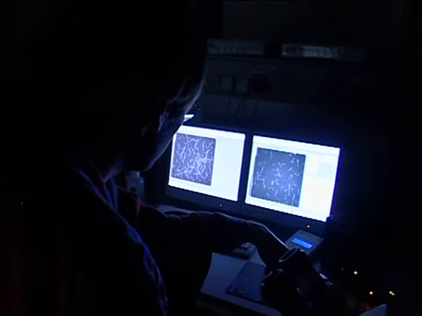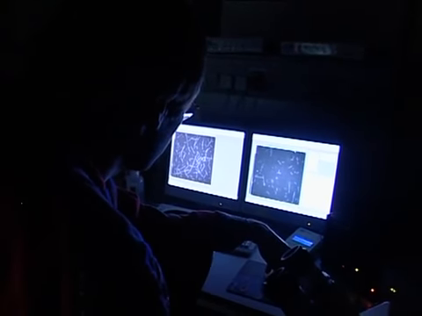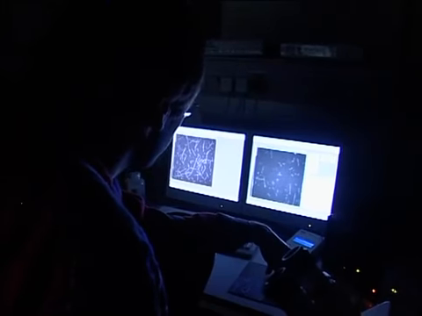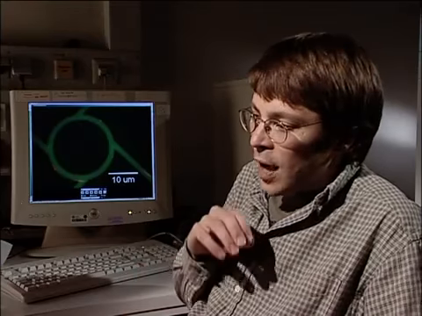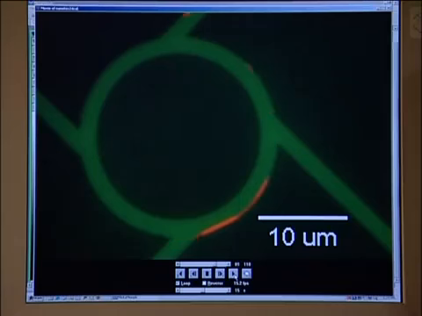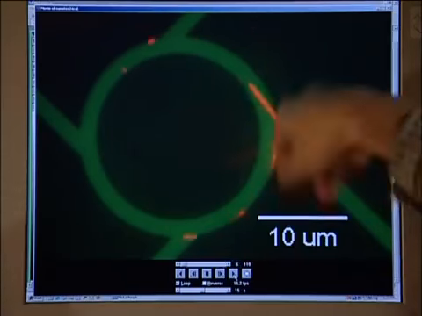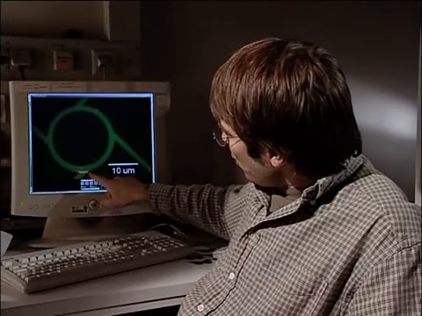For nanotechnology, we have turned the concept of the motor and the microtubules on its head. And instead of having the motor walk along the microtubules, what we're doing is we're having the motor move the microtubules. In this case, what you see here is the microtubule moving.